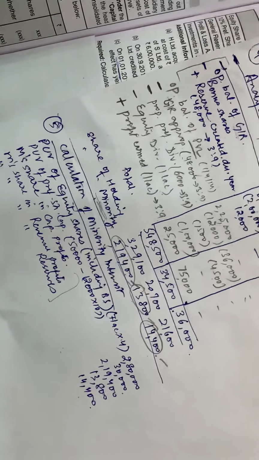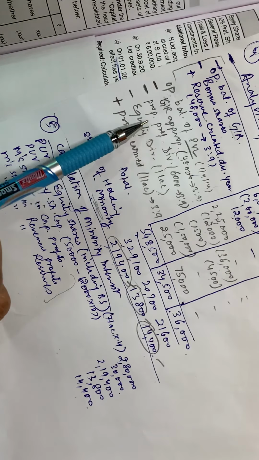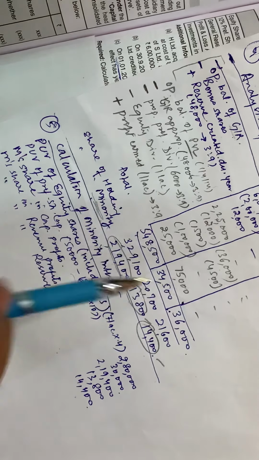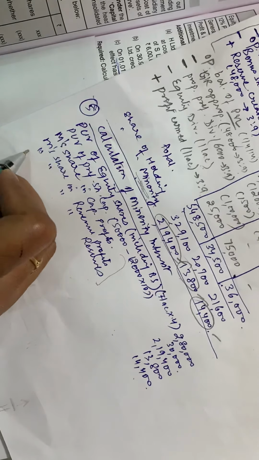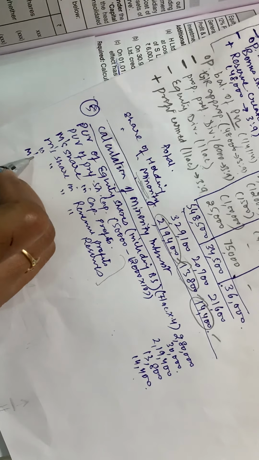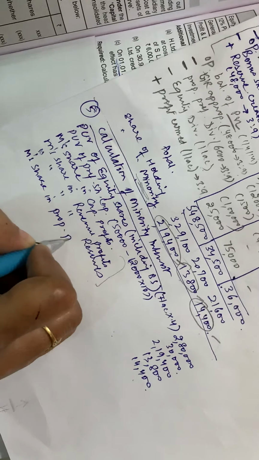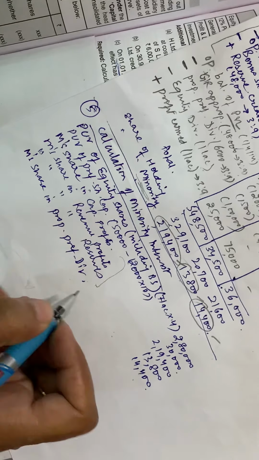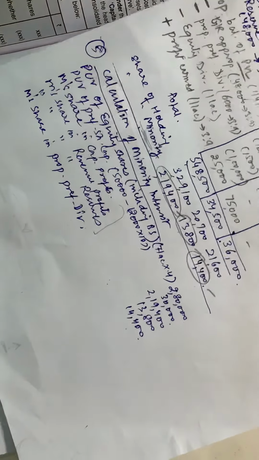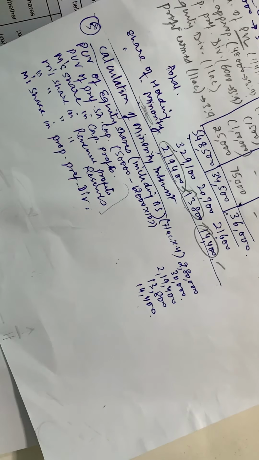But there is no information whether the proposed preference dividend was paid or not. So over here we will add M's share in proposed preference dividend over which they have their claim, which needs to be highlighted in the consolidated balance sheet.